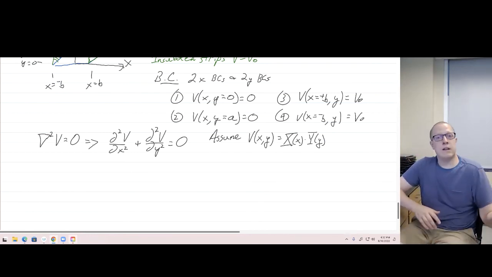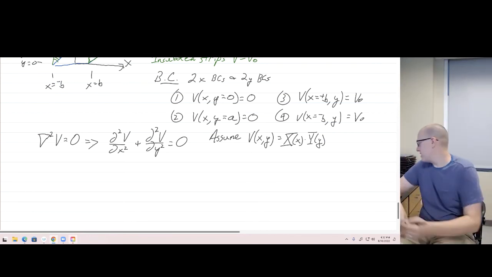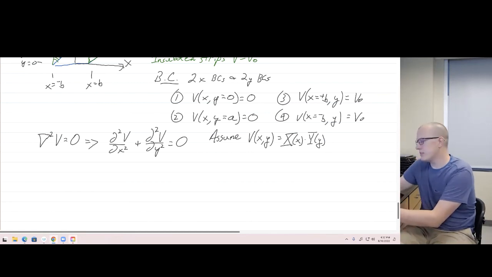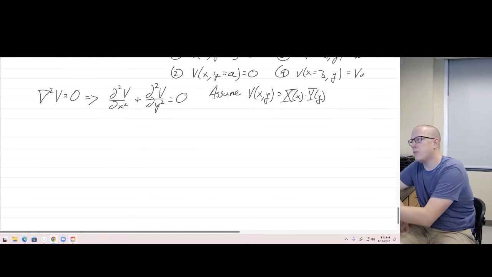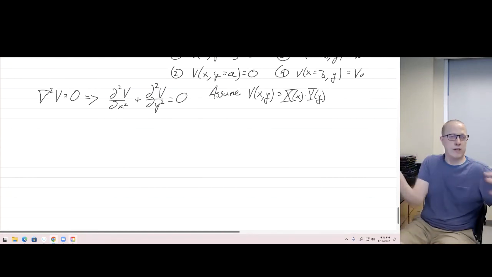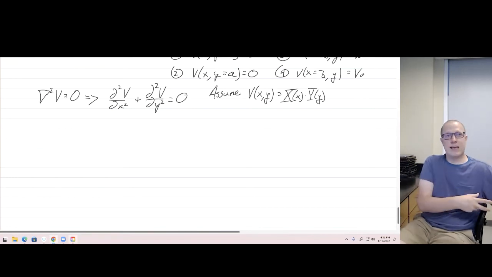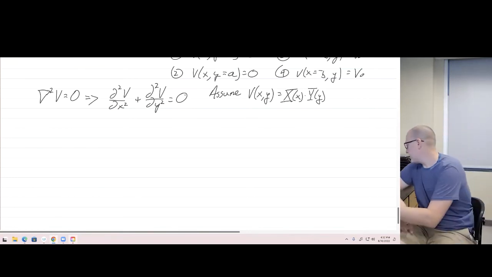And then we're going to go through the same exact procedure we did last time. So I'm going to skim through this a little bit. Remember, we plug in this new assumption into here. We can pull out a Y for the x derivative and then X for the y derivative.